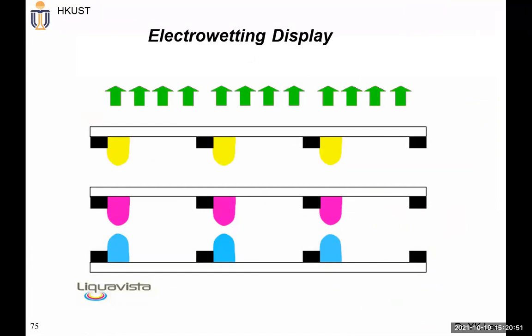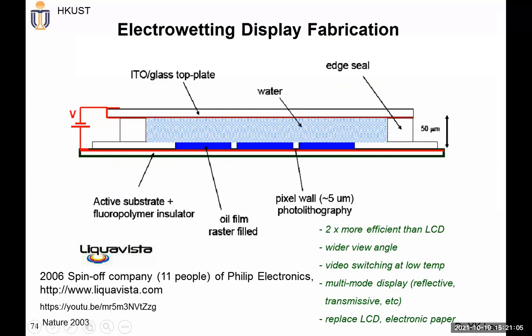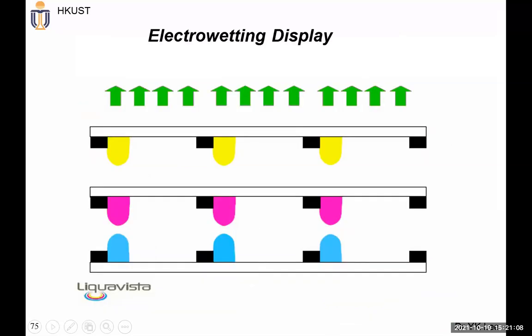They have an interesting idea of three electrowetting devices, each with a different color droplet. If I manipulate the location of these three droplets, you are doing some mixing and letting the light pass through, so you can really create different colors.